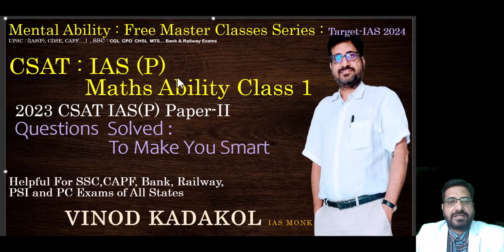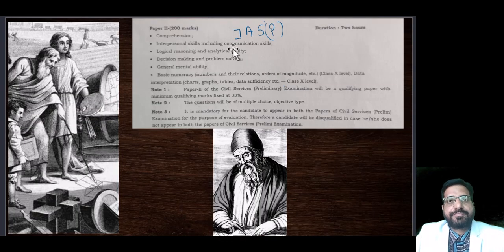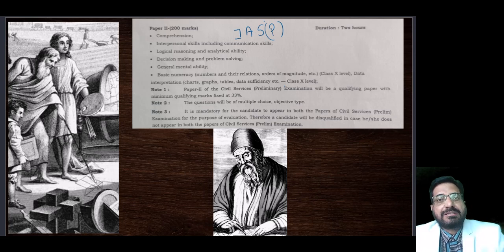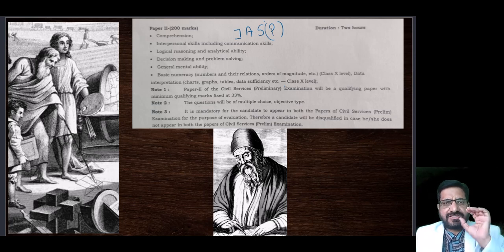Normally it contains, let me show you the syllabus. Yeah, this is the syllabus for IAS Preliminary Paper 2. Whenever we say IAS, it's not just IAS, it is the Civil Services exam.